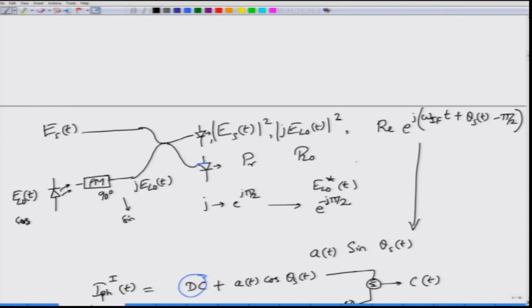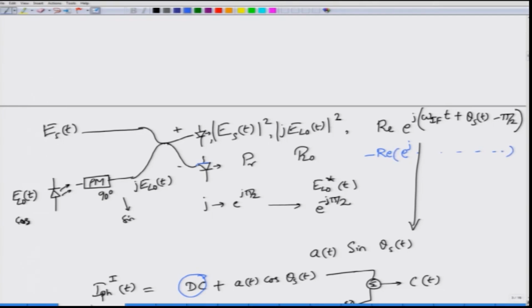Why do I get a minus sign? Go back to the matrix of the coupler. This term is E_S plus E_LO, whereas this term is E_S minus E_LO. So, I get minus the real part of e to the power j something, very similar.